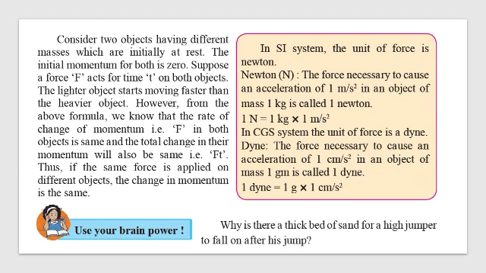Now, why is there a thick bed of sand for a high jumper to fall after his jump? You all have sports day, so you have got high jump. And when you fall down, in a high jump or a long jump, you have a thick bed of sand. Why do you think that is required?